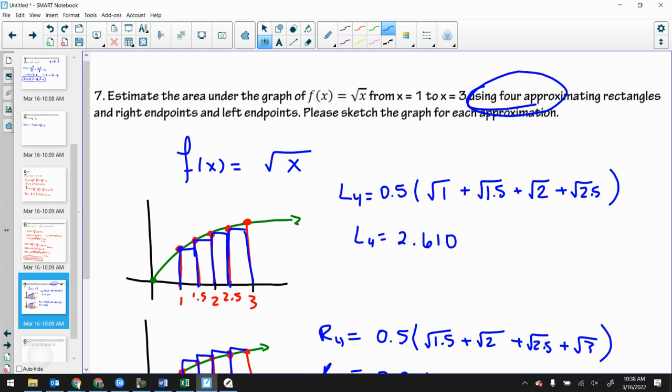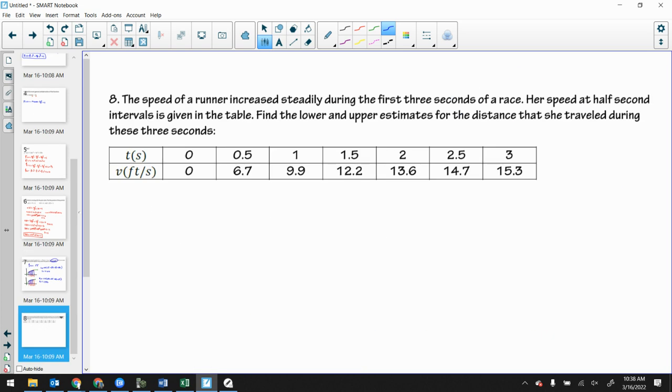Okay, so my last one, I'm going to try to do this a little quickly here. This is giving you a table of speeds and times. Now think about this. For this half a second, I can either apply that to the 0 or the 6.7, right? If I'm driving, from 0 to 0.5, that first half a second, it's got to be somewhere in between 0 and 6.7 speed, right?